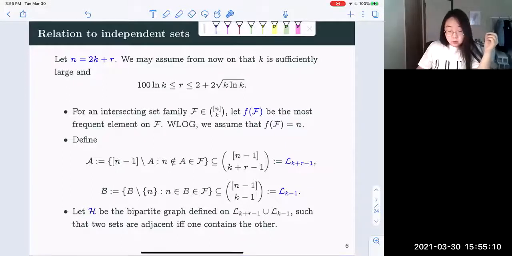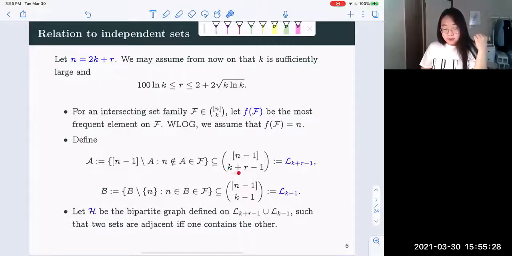Next, we split this set family into 2 parts. The first part, A, consists of all the sets which do not contain n, and we take the complement in terms of n minus 1. Now this is contained in a k plus r minus 1 uniform family of n minus 1 integers.